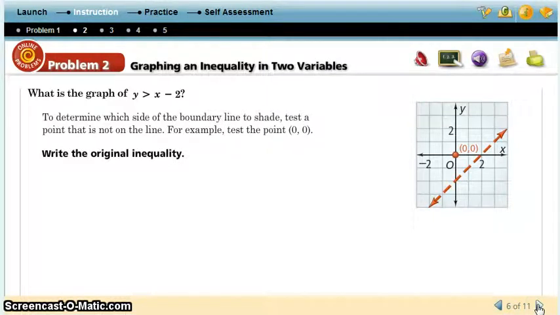Write the original inequality. Substitute the point 0, 0 for the point x, y. Simplify.